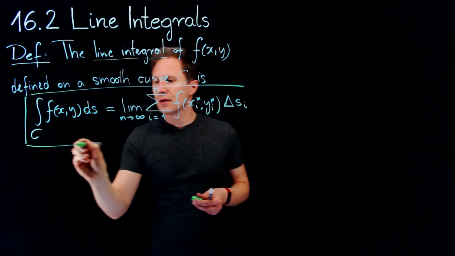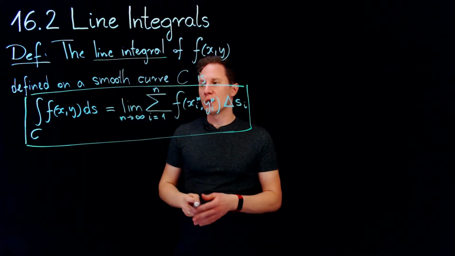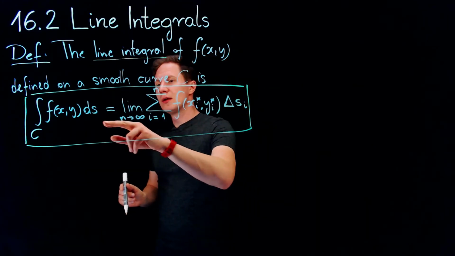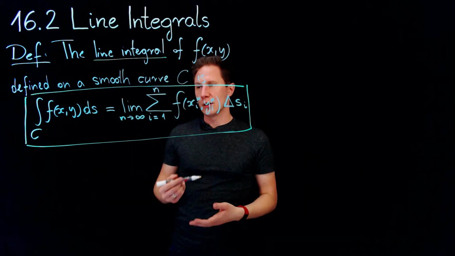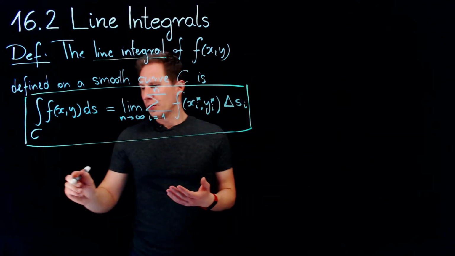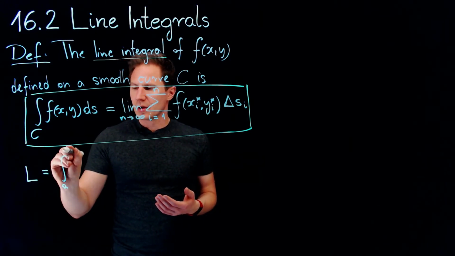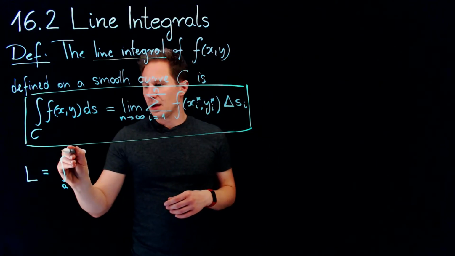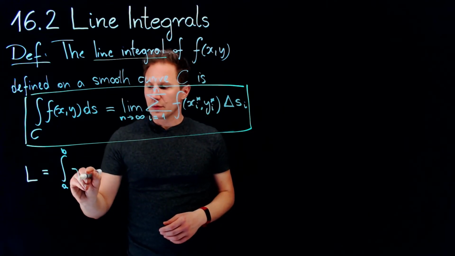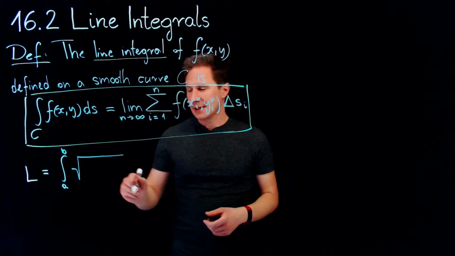But in practice, the way we compute such a line integral is using what we've learned about vector functions and curves, and in particular how the arc length can be computed using any parameterization of the curve. Remember that the arc length of a curve parameterized by a vector function with components x(t) and y(t), with the parameter changing from a to b, is just integrating the length of the derivative of that vector function.